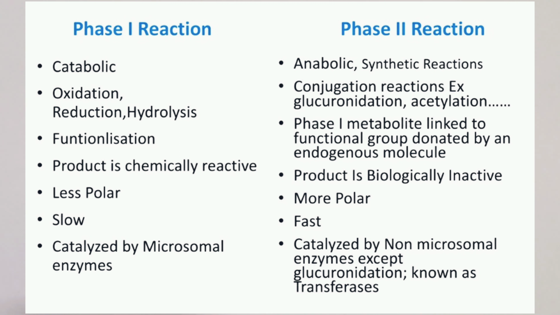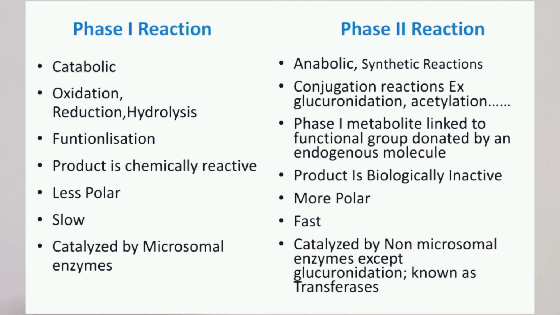In Phase I reaction, there is functionalization, that is, a functional group such as hydroxyl group or amino group is introduced into the drug molecule to impart polarity to the drug. Whereas in Phase II reaction, the Phase I metabolite is linked to the functional group donated by an endogenous molecule. This further enhances the polarity.